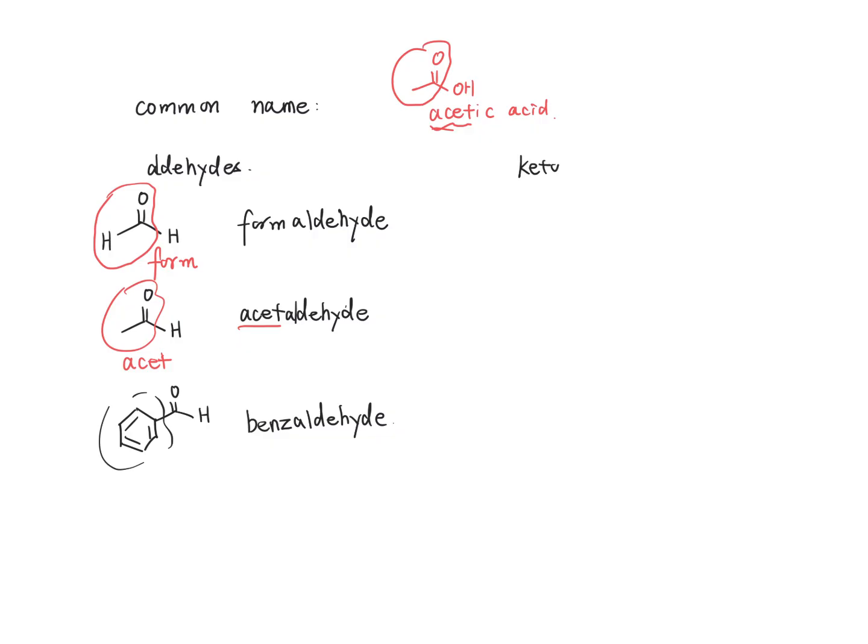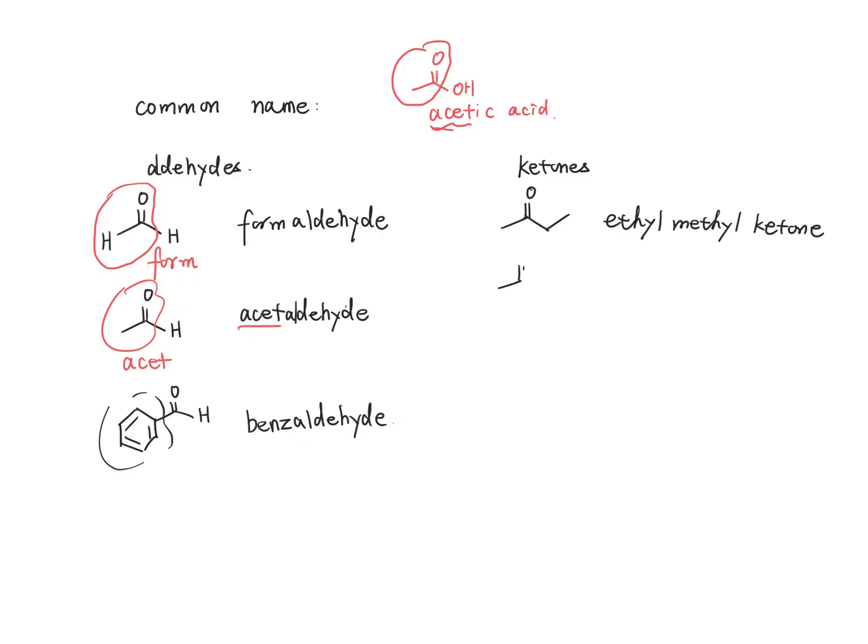For the ketones, if we have one side a relatively simple methyl group and the other side an ethyl group, what we can do is call it ethyl methyl ketone. That is a common way that we can name it as well. So in IUPAC naming, this is 2-butanone. So we can also call it ethyl methyl ketone.